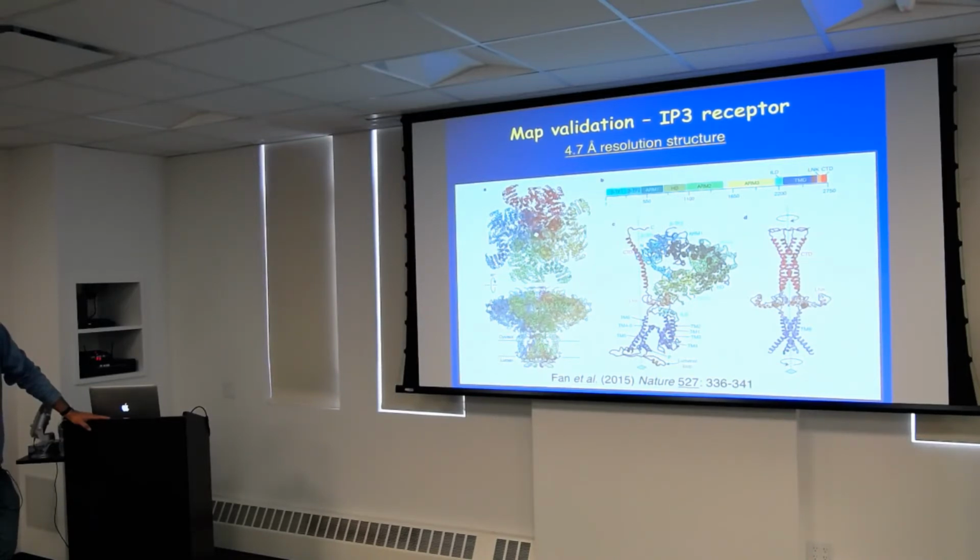So that's validation, and it used to be a much bigger deal than it is today. But still, I think it's a very good idea to follow steps in a way that you try to optimize each step before you go on to the next step. And hopefully in the end you get maps that are even better than this one. And so that's it. A little bit of validation.